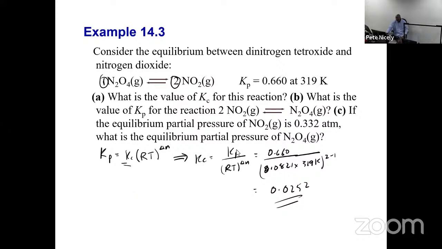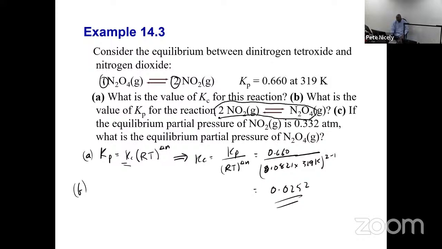Okay. So the next question says, what is the value of Kp for the reaction? And it gives you this equation right here. So this here that we just did is the A part. So for the B part, they gave you this equation here, right?